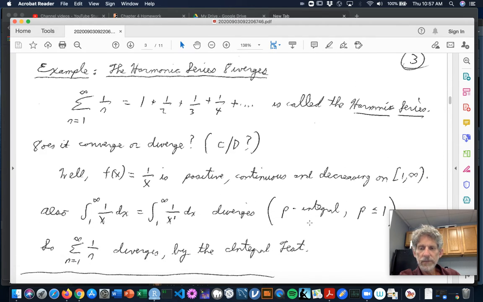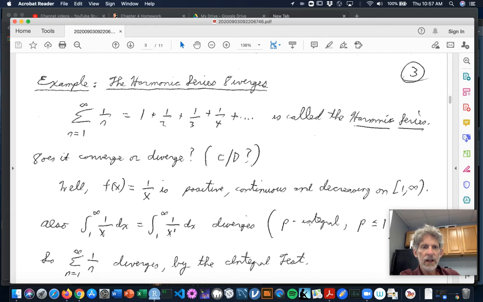So let's try out an example. The harmonic series is the series 1 plus a half plus a third plus a fourth and so on forever. So you write it like this if you want. And I'm wondering, does the harmonic series converge or diverge? It's not a geometric series, so I can't just pull out that theorem.